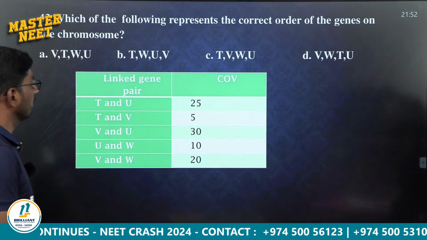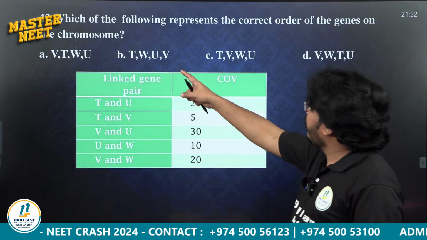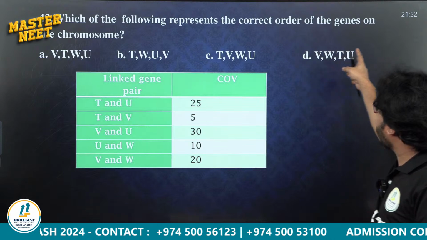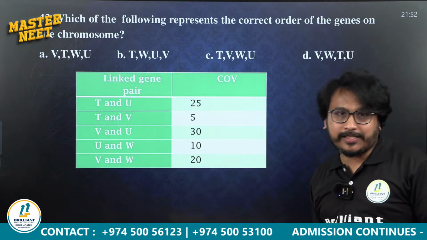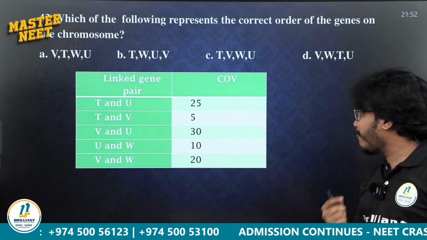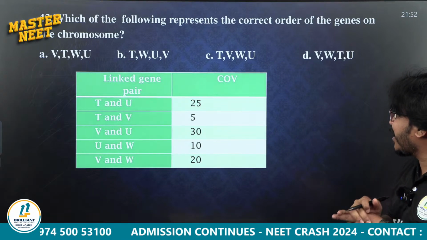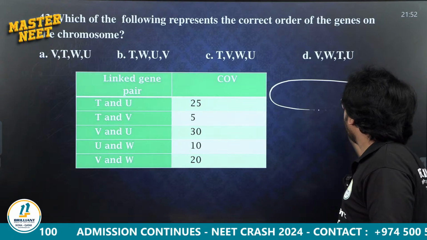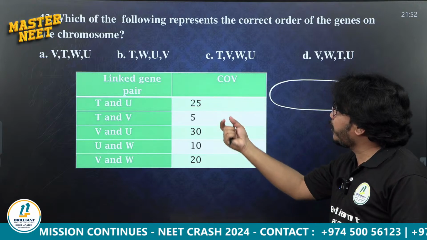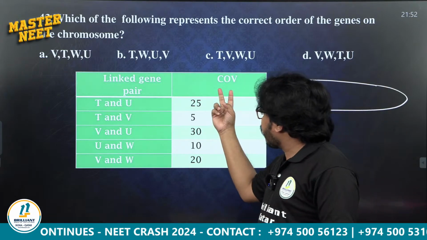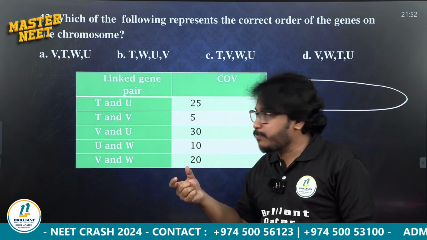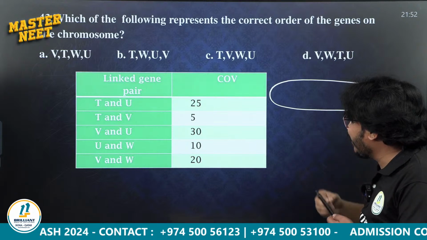Next. Which of the following represents the correct order of genes on the chromosome? It is the same thing as Alfred Sturtevant's experiment. Here you have to arrange the genes correctly inside the chromosome. You take the crossover value as the distance between the genes and arrange them.